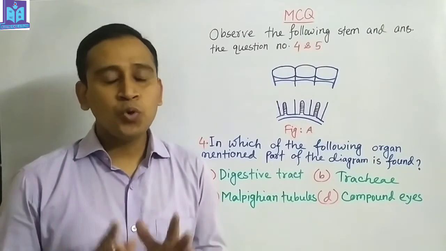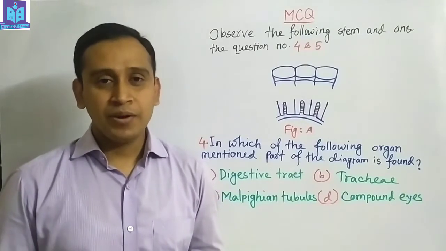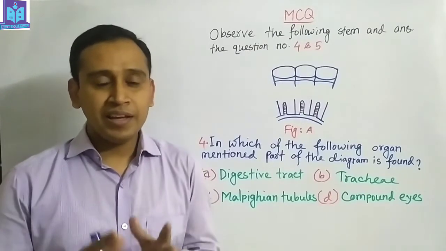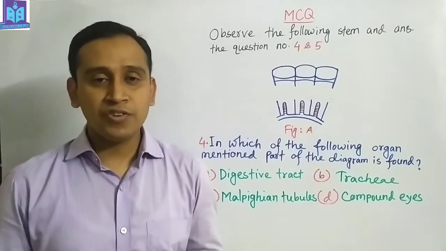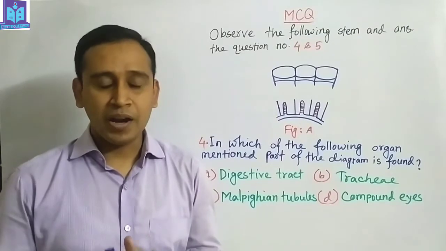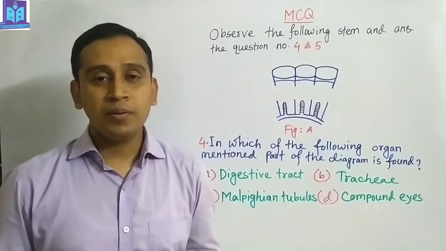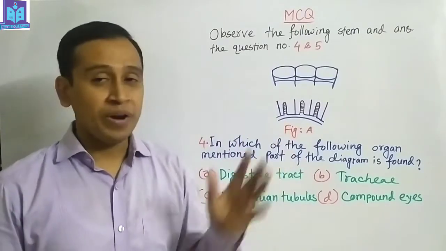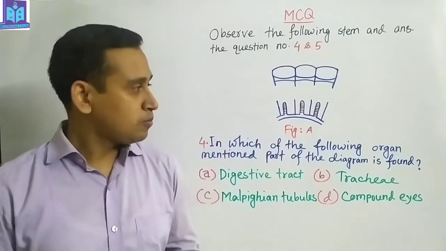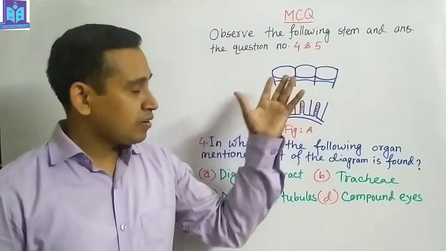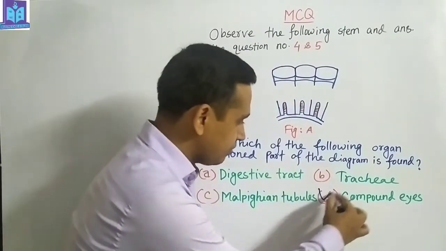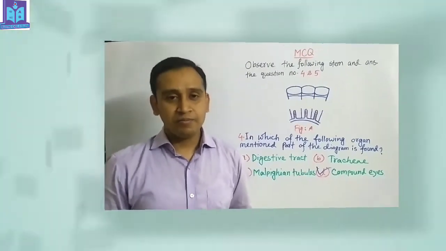There are two compound eyes present on both sides of the head of grasshopper. Each compound eye consists of around 2000 small visual units. Every visual unit is called ommatidium. So, the right answer of this question will be option D, compound eyes.